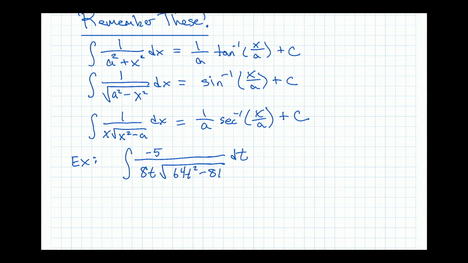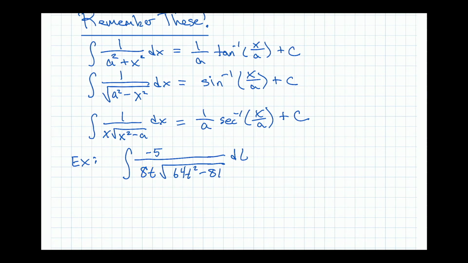So here's what you should do. The first thing you should do when you look at this is decide which of the three it is, first of all. And just based on the form of it, you should see this t out here, and that should remind you of that x right there. So this looks like it's a secant inverse of some kind, right?